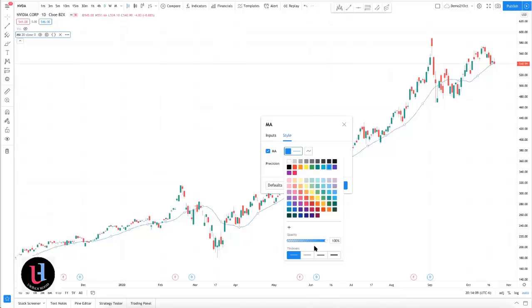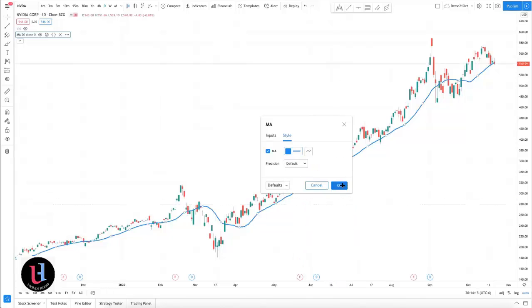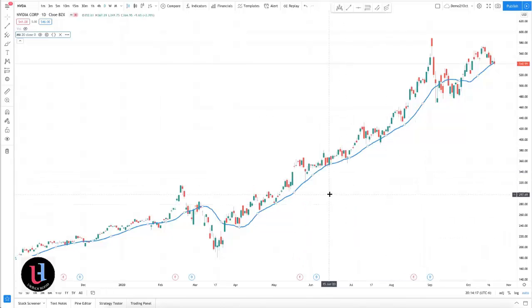I want this line to be a little thick so it's easily visible. So if you see, this 20-day moving average is acting as a perfect support here. Whenever the stock touches this 20-day moving average, it's pushed up. Whenever it comes down, again it goes up, comes down, it's pushed up. So this is your dynamic support.